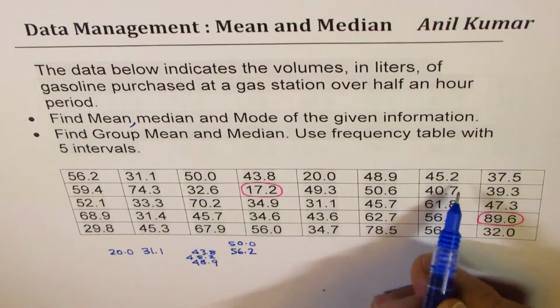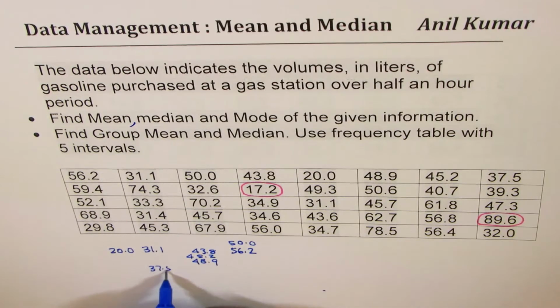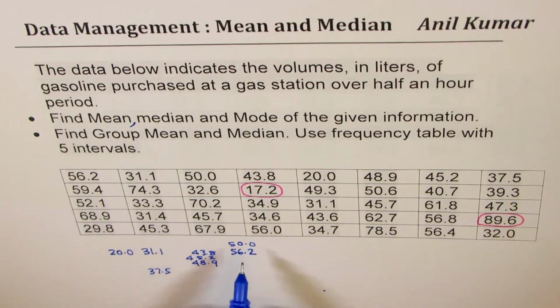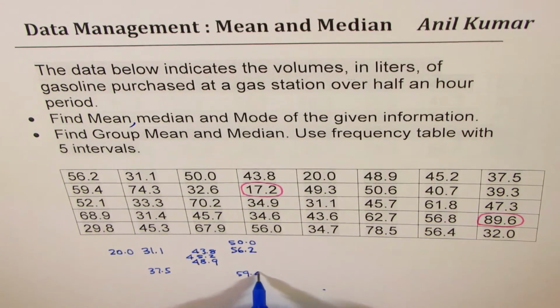Not a good idea, right? 37.5, so write 37.5 here. 59.4, so 59.4.